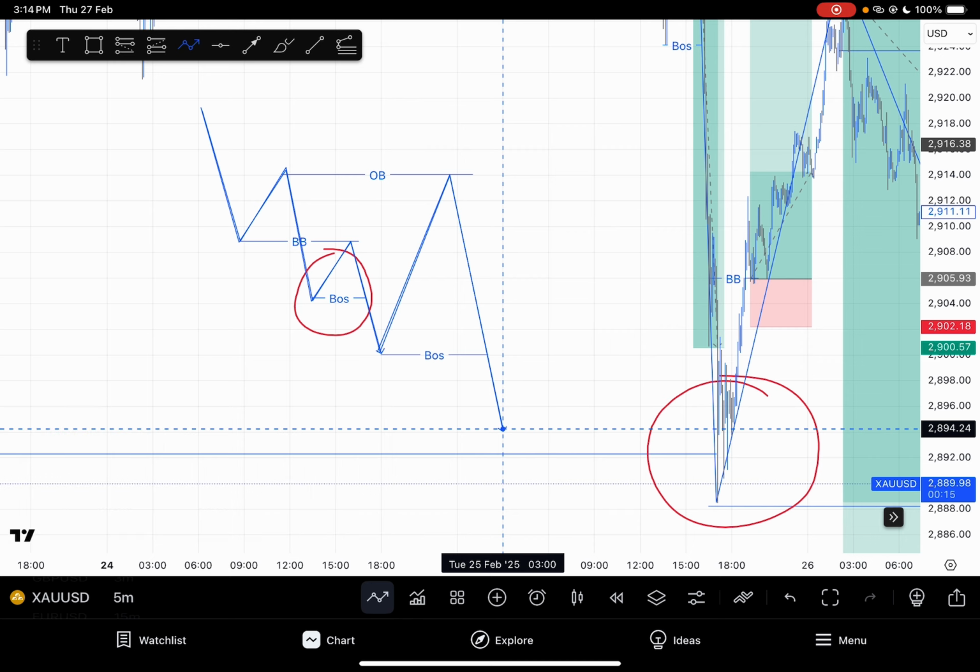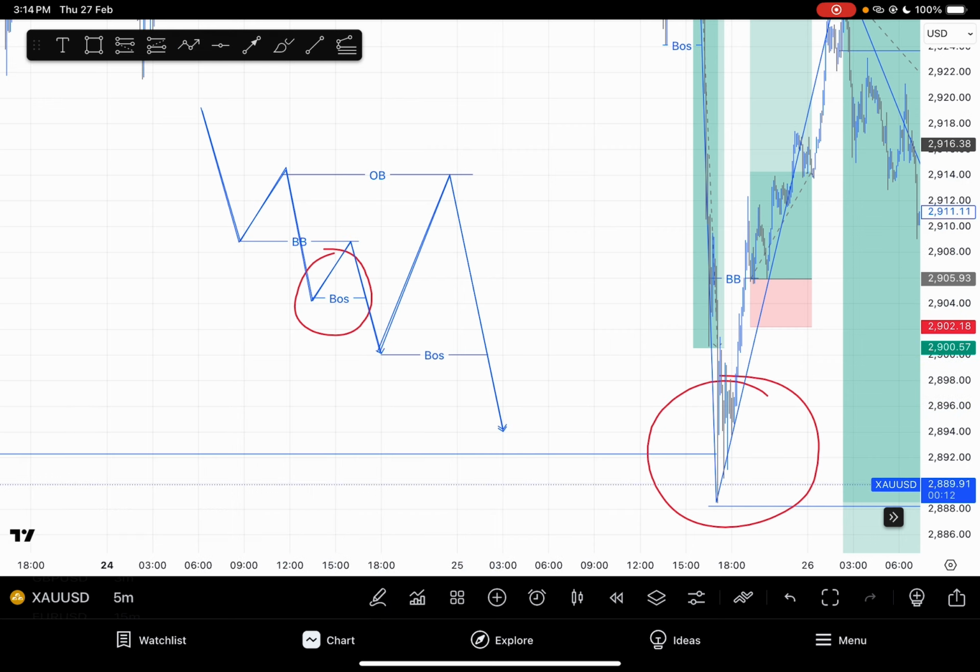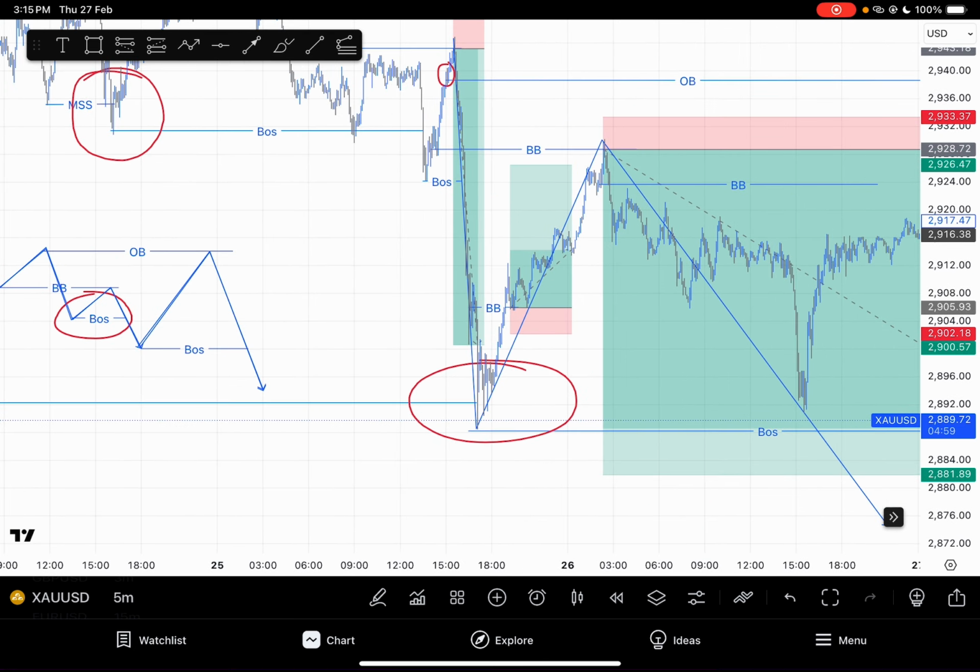So these are the things you must always know. Firstly, break of structure, retest on order block, break of structure, retest on breaker block, break of structure again, retest on order block, then final break of structure. I'll be showing you that on the screen now.